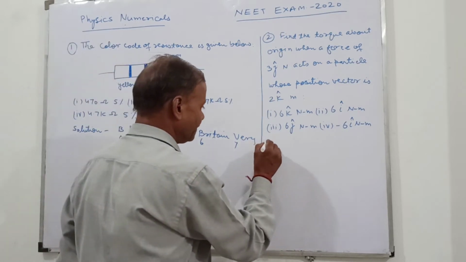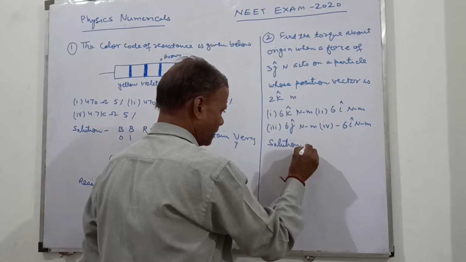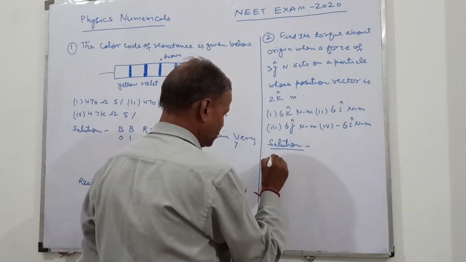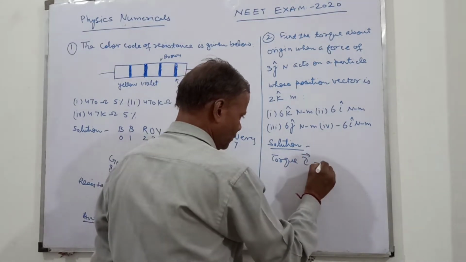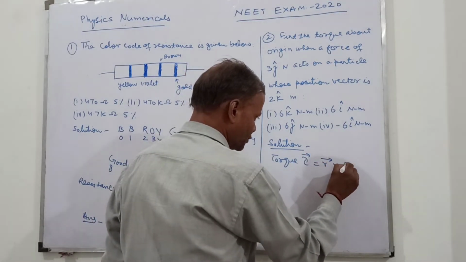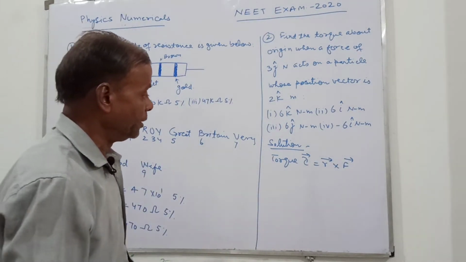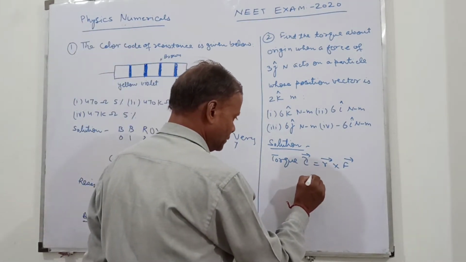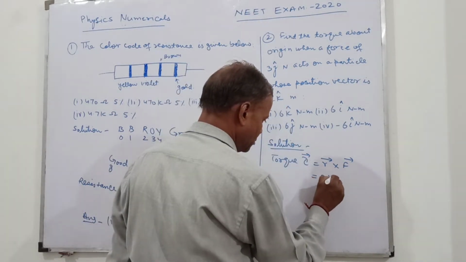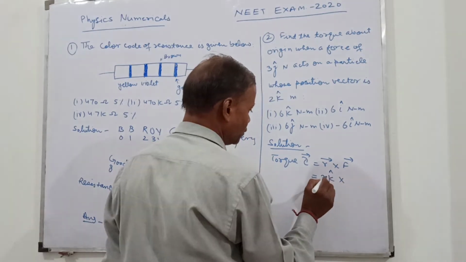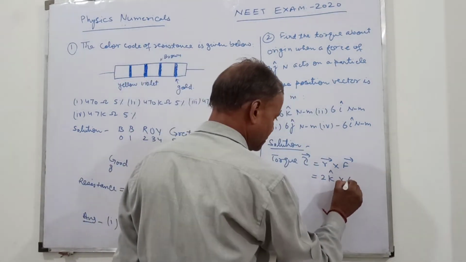So how to solve? Torque is equal to R cross F, by definition. R is given to you as 2K, cross F is given to you as 3J.